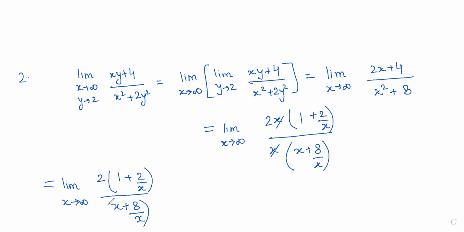If we put x tends to infinity, 2 by infinity is 0, so we get 2 above. And in the denominator we have infinity plus 8 by infinity, and 8 by infinity will be 0. 1 upon infinity is always 0.